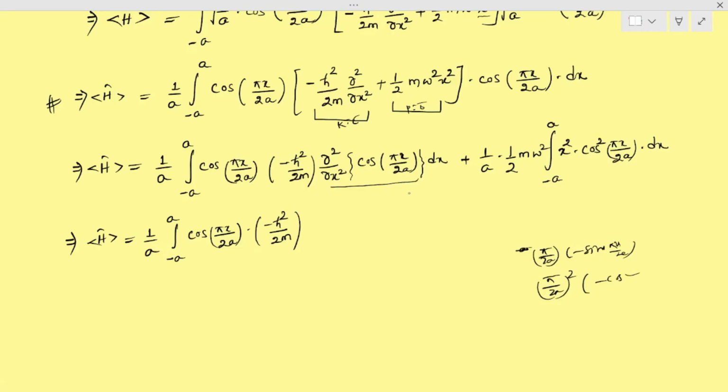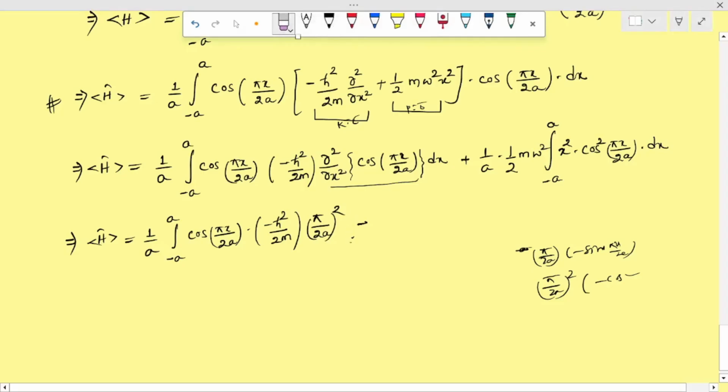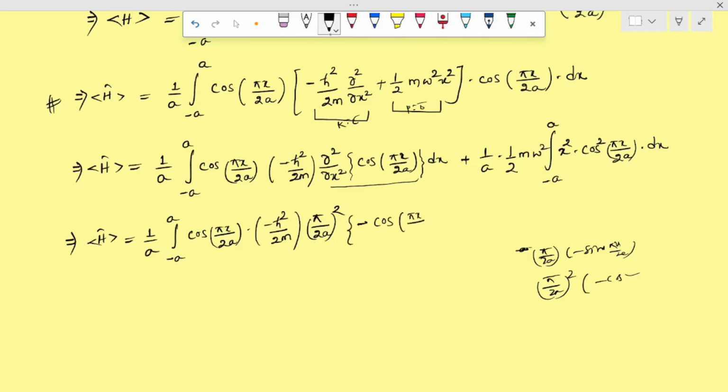So this will be (pi by 2a) square into minus cos pi x by 2a into dx.